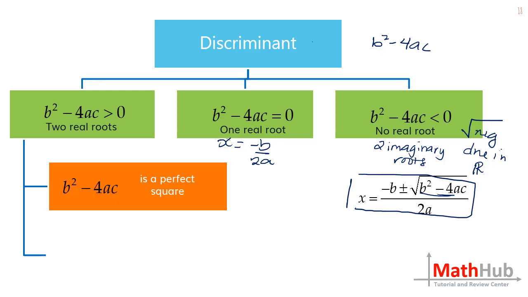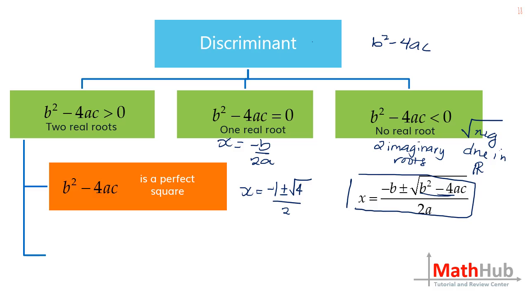Okay? Now, let's look at this case where we have two real roots. What will happen if b squared minus 4ac is a perfect square? Meaning to say the answer to the square root of b squared minus 4ac is an integer. So for example, in my quadratic formula, I have negative 1 plus or minus the square root of my b squared minus 4ac, which is 4, and then let's say my 2a is 2.